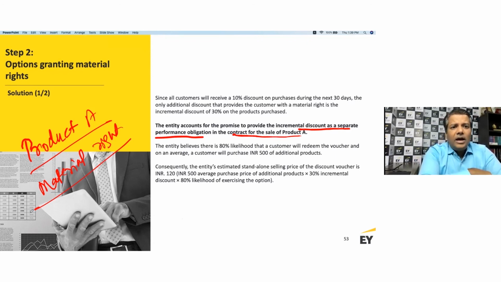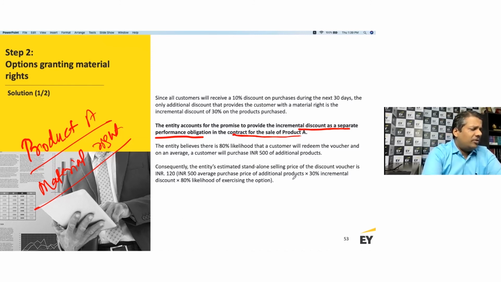All right. Now, the entity believes there's an 80% likelihood, and the amount customers are likely to purchase is 500 rupees, with a 30% discount. So you have to determine the value of the material right.